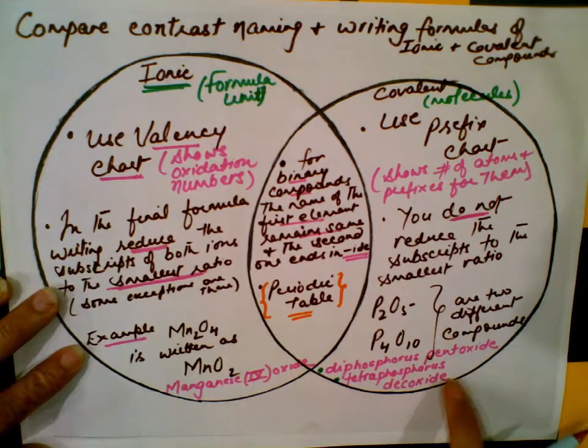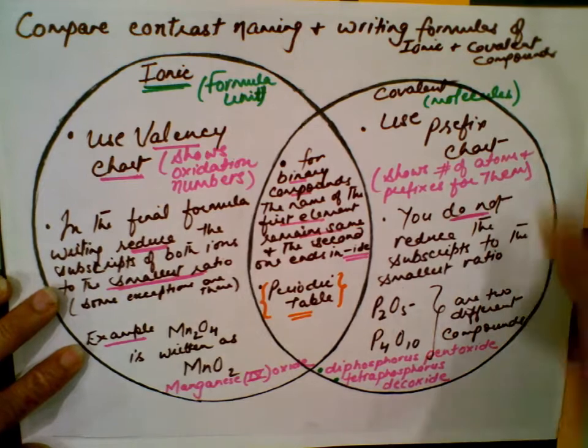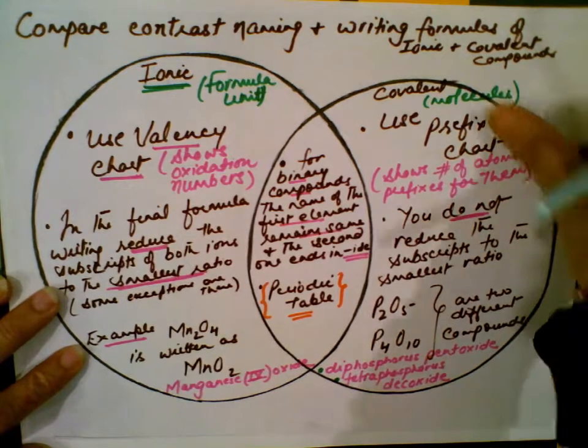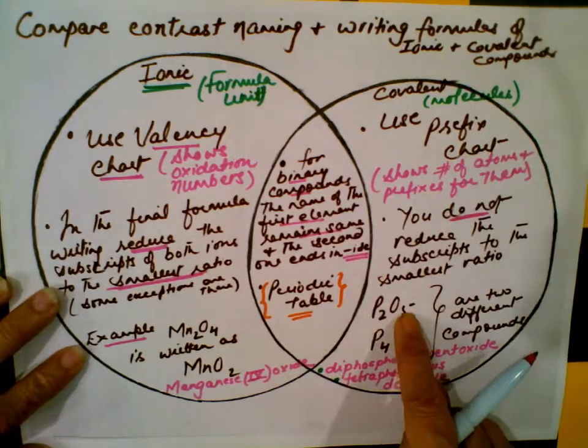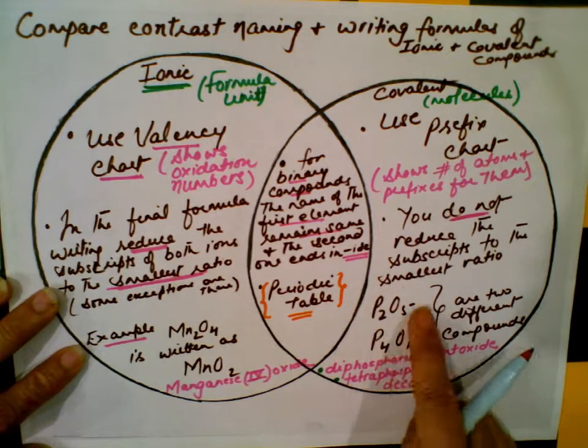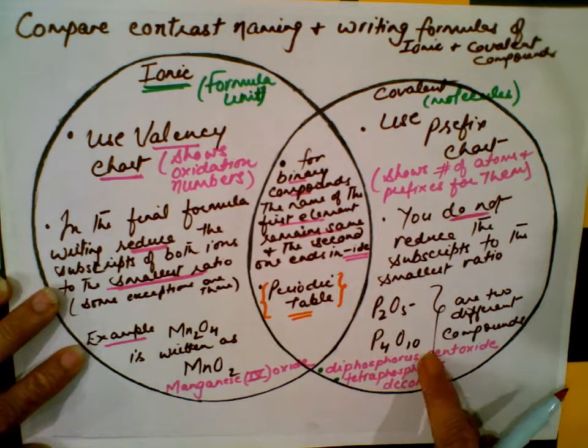The whole idea, the main reason to use prefixes with covalent compounds is because the same element can make several compounds. Like here P2O5, P4O10. You also did an example of CO. You did CO2. Then you did NO. You did NO2.